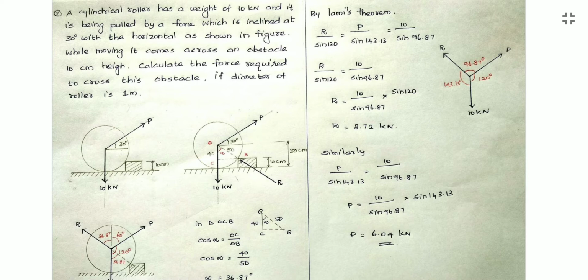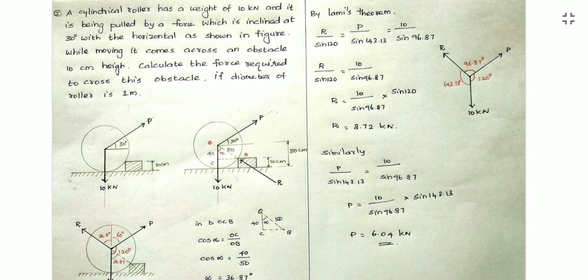And it is being pulled by a force which is inclined at 30 degrees with the horizontal. The unknown value P, we need to find the value of P. Then while moving, it comes across an obstacle of 10 centimeter height.